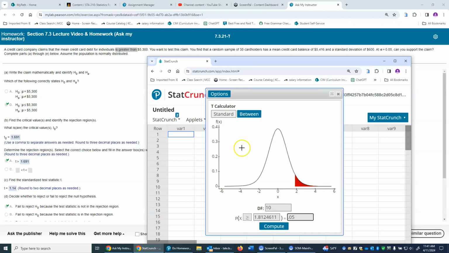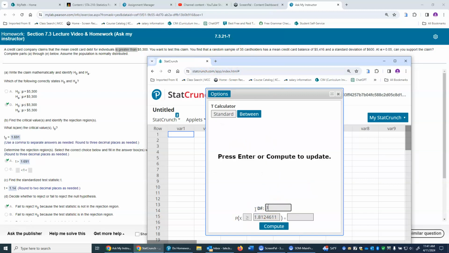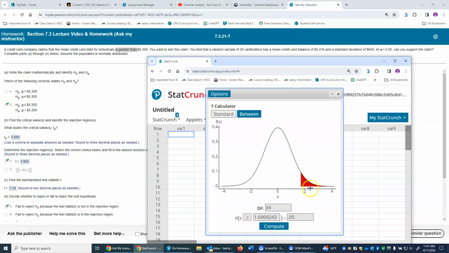Oops, I skipped that. The sample size is 35, so the degrees of freedom is one less than that. That'll be 34. So let's try this again. 34 there, 0.05. It's a right-tailed test, so this area here on the right is 0.05.